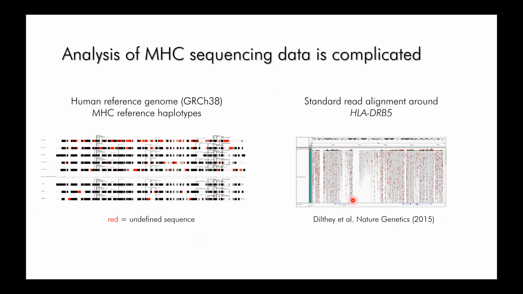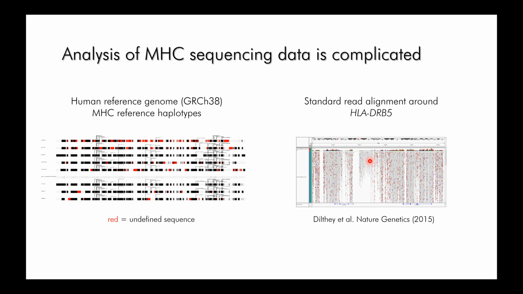What you see on the right-hand side here are some aligned short-read Illumina sequencing reads from a clinical sample. And the IGV visualization here is focused around the MHC class 2 region and HLA-DRB5. If you know a little bit about analysis of short-read sequencing data, you see these patterns of strongly fluctuating coverage. That's strongly indicative of the fact that the alignment in that region really didn't work very well at all.